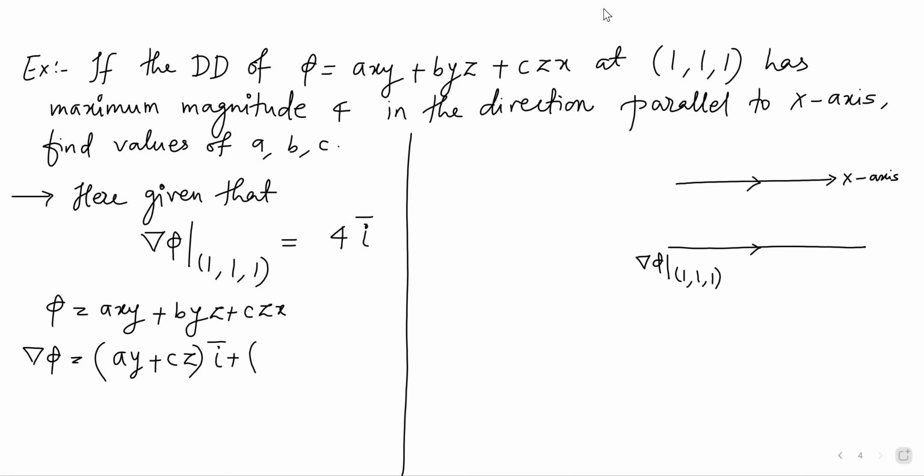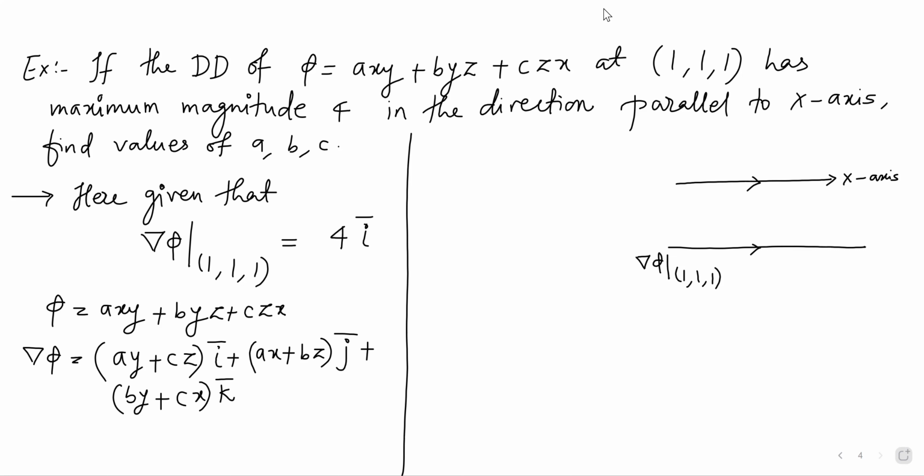Then take the derivative with respect to y. Y is also involved in two expressions here. So it is (ax plus bz) times j bar. And then take the derivative with respect to z. It is also involved in 2, so (by plus cx) times k bar.